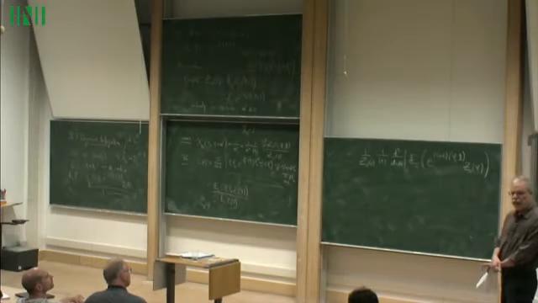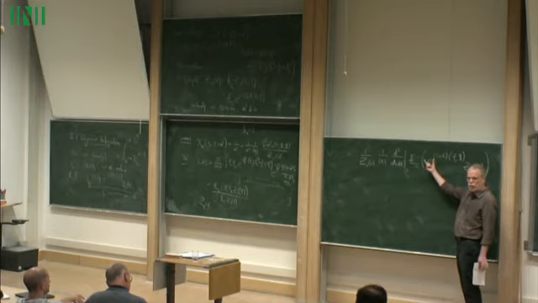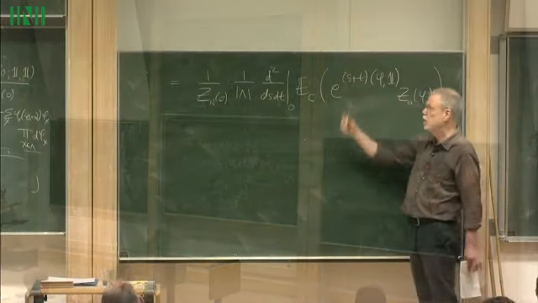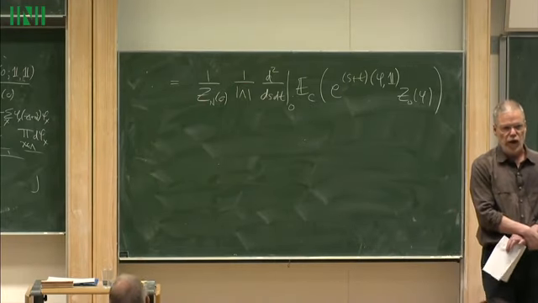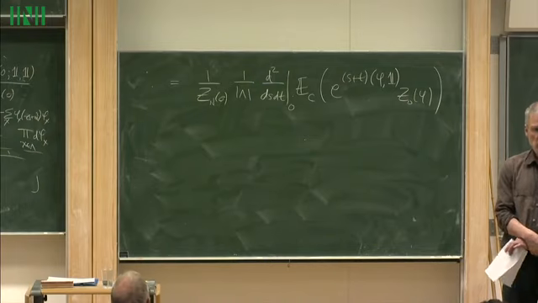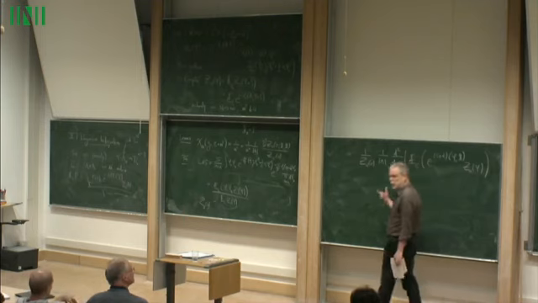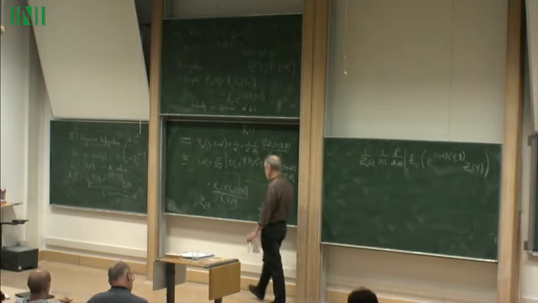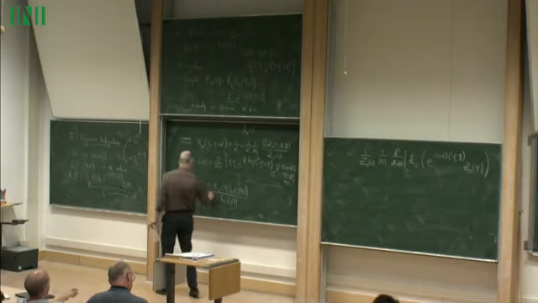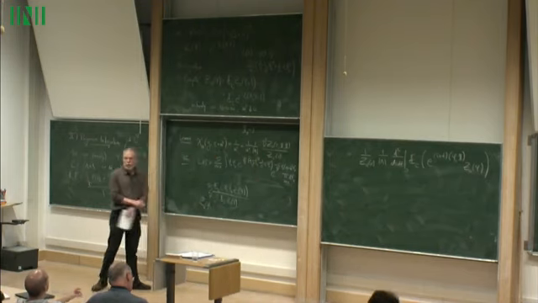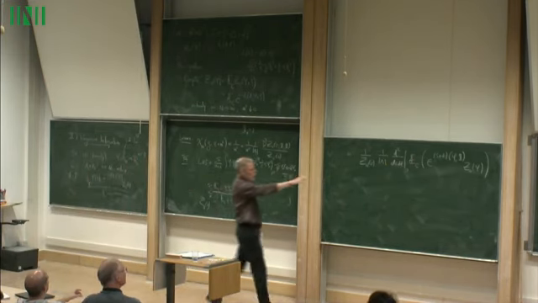Because what happens if you take that derivative is, well, you differentiate with respect to s, you bring down a phi paired with 1. That's just the sum over x of phi x. When you differentiate with respect to t, you bring down another one, sum over y of phi y. Then you put s and t equals 0. That kills the exponent. And you're left with the sum over x and the sum over y of phi x, phi y, which by translation invariance is going to be, there was a sum over x missing there. There'll just be one sum times the volume, and the volume factor is taken care of here.